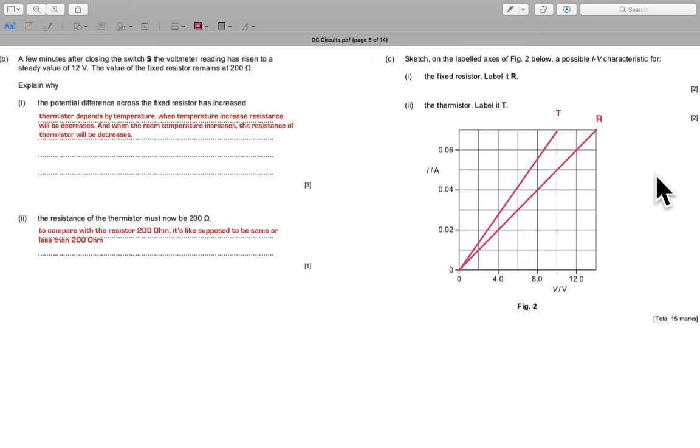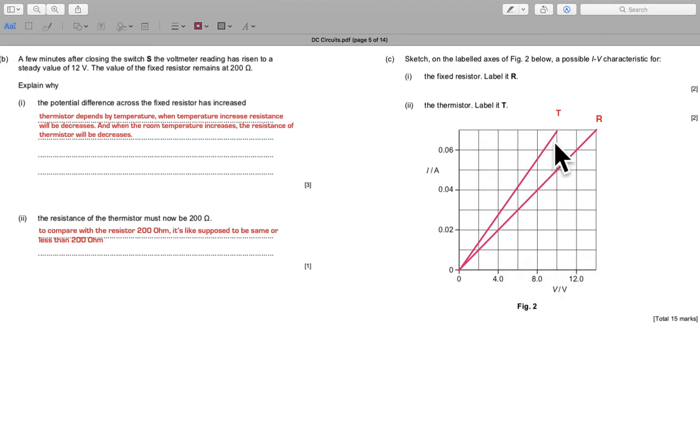Why a graph like that? Because the thermistor's resistance is less than that of the fixed resistor. On the x-axis is the voltage, and on the y-axis is the current. So V over R is a constant number.